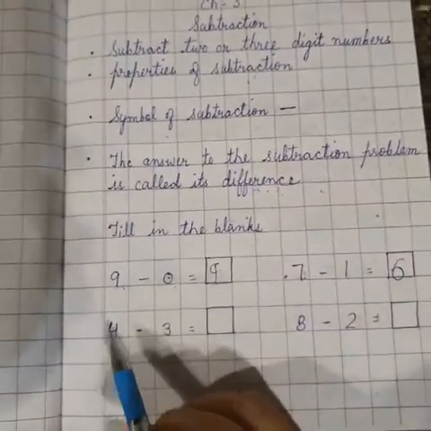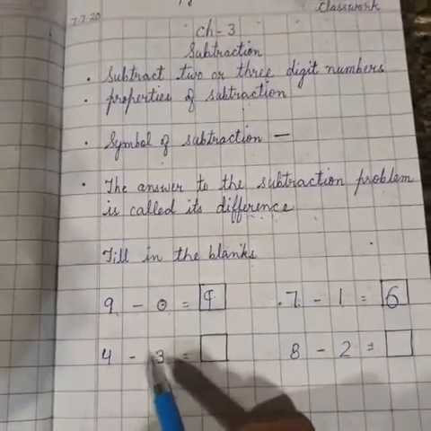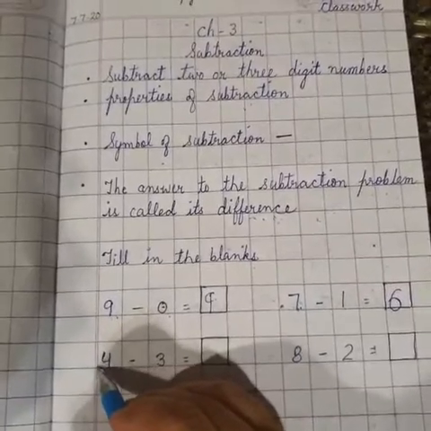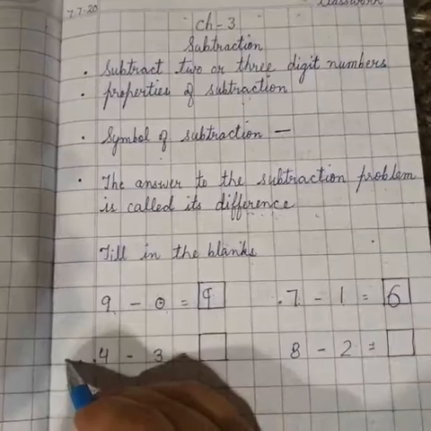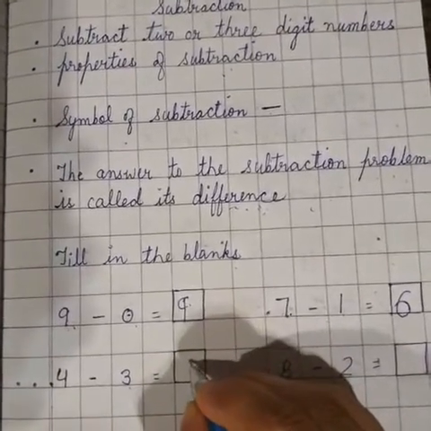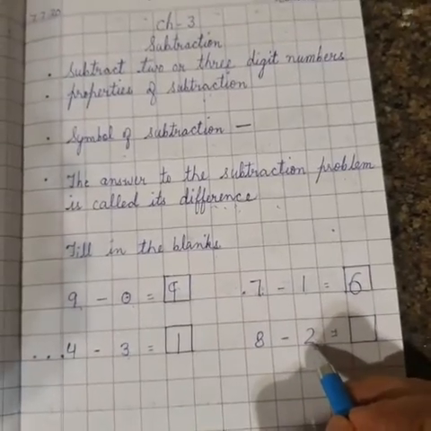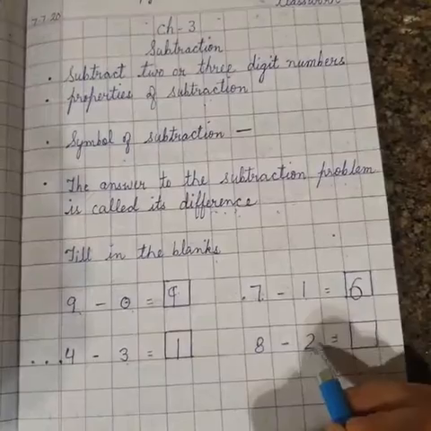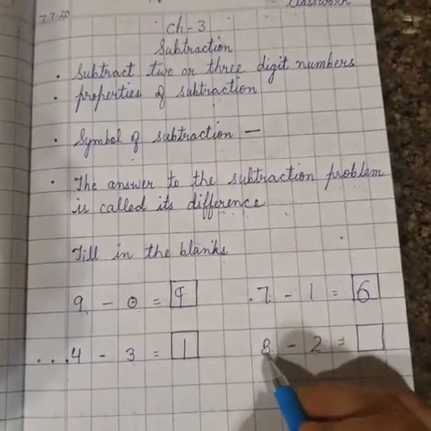Now here we have to subtract 3 from 4, which means we have to move 3 steps backward from 4, that is 3, 2 and 1. So the answer will be 1. Here we have to move 2 steps backward from 8, which means we subtract 2 from 8.